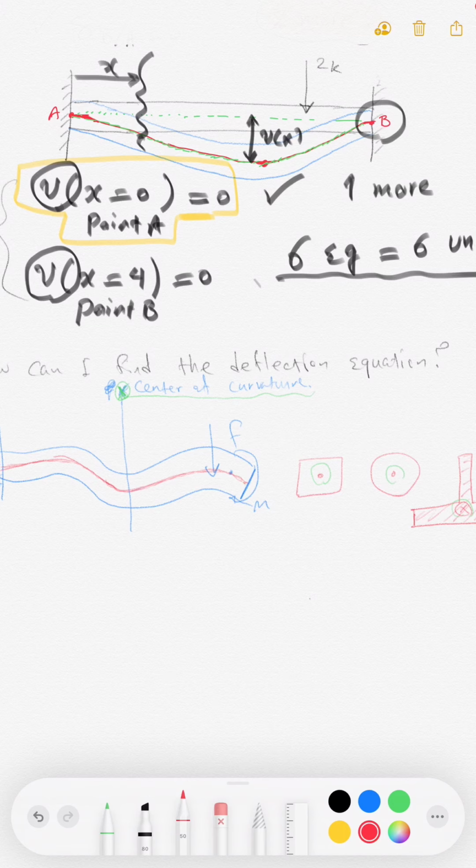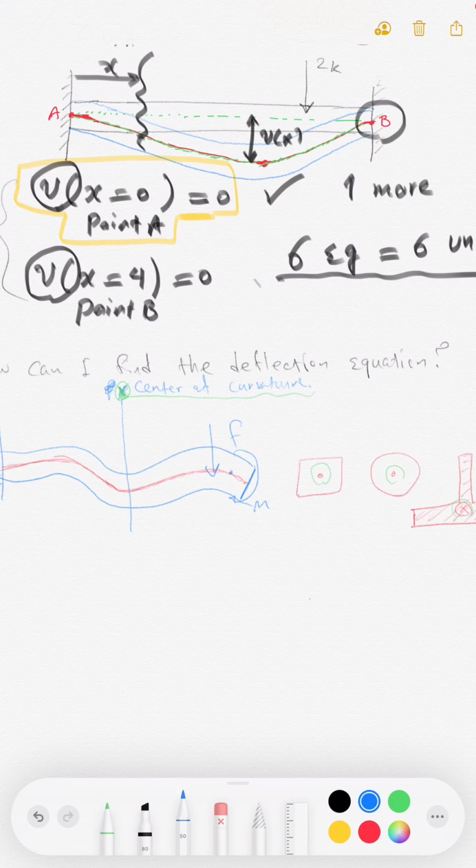Just like we had in calculus, we had a curve that when the convexity is upward, the radius of curvature goes up. When the convexity is down, the radius of curvature goes down.